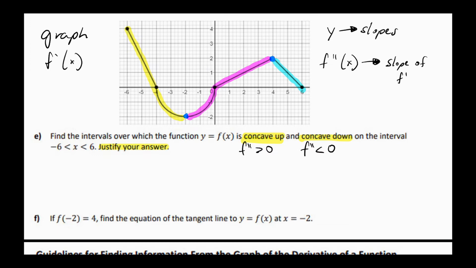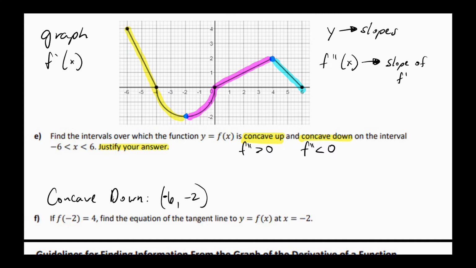It's decreasing, right? So I know that that's going to be where it's concave down. So let me write that down. Okay, so it's going to be concave down from -6 to -2.